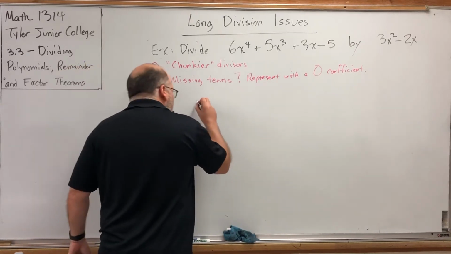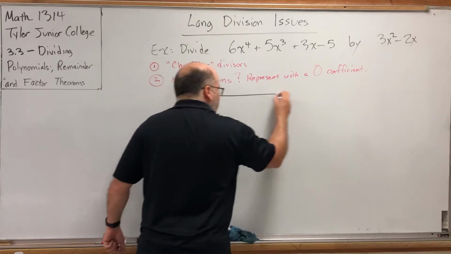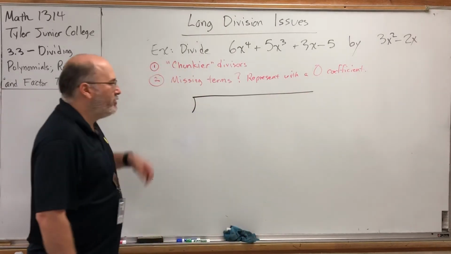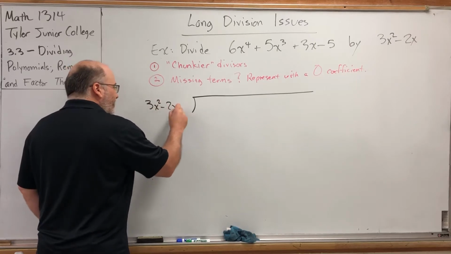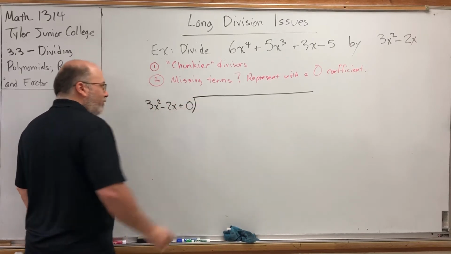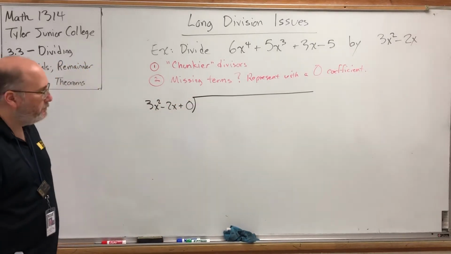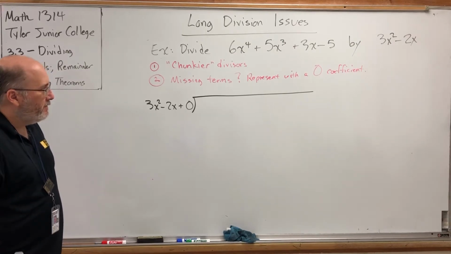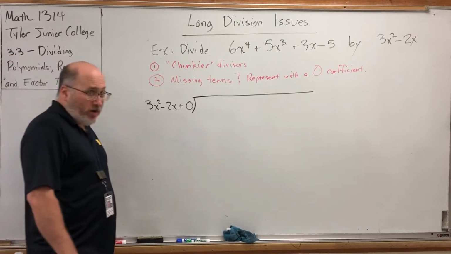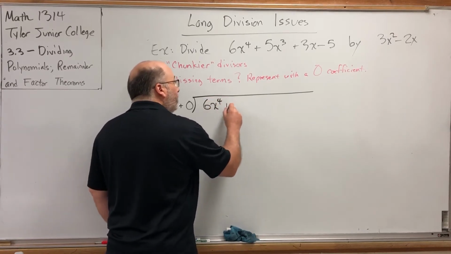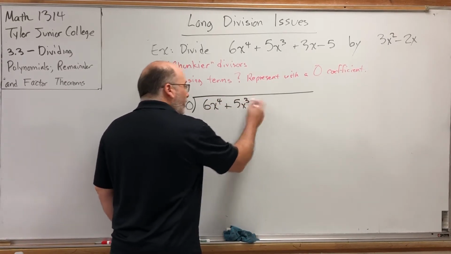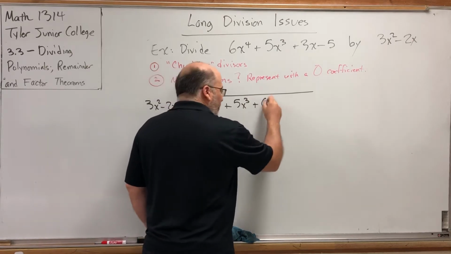There's a reason why you have to account for missing terms. The divisor is 3x squared minus 2x, but it's missing its constant term, so we're going to write plus 0 to represent it. The dividend is missing its x squared term. So when we get to the x squared term, we're going to represent it with a plus 0 x squared.